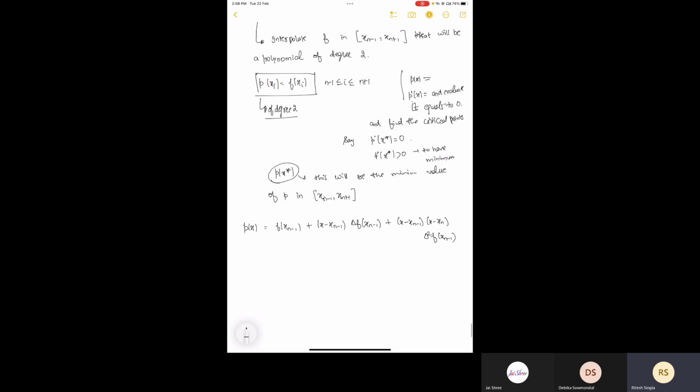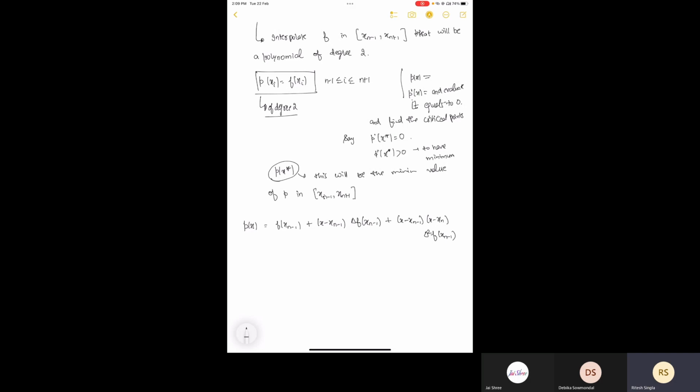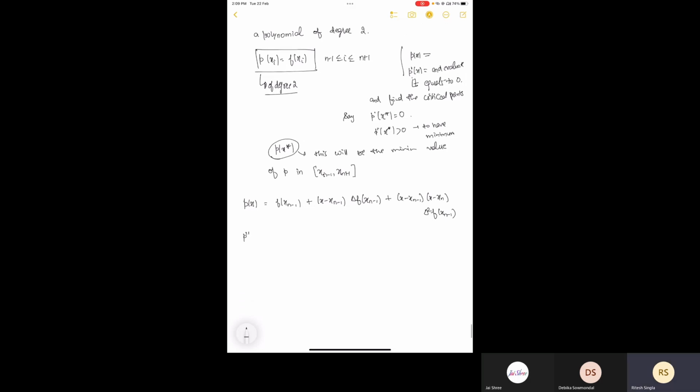Fine. This is what our p(x) is. So evaluate p prime x. It will be Delta f of x of n minus 1 plus 2x minus xn minus x of n minus 1 times Delta square f of x of n minus 1, right?